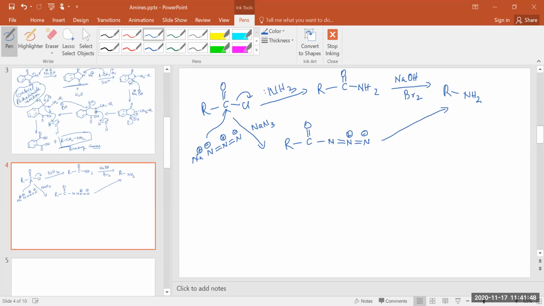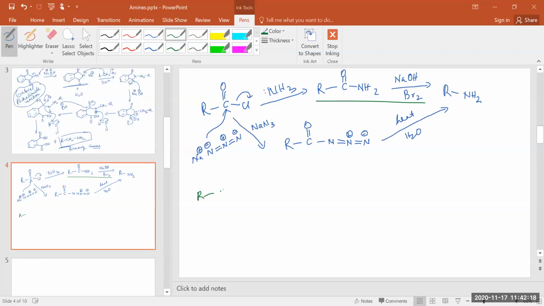On heating, followed by reaction with water, this will make the primary amine. So these are just two different, similar reactions. So let's see the mechanism for the first reaction. We'll do this one first.